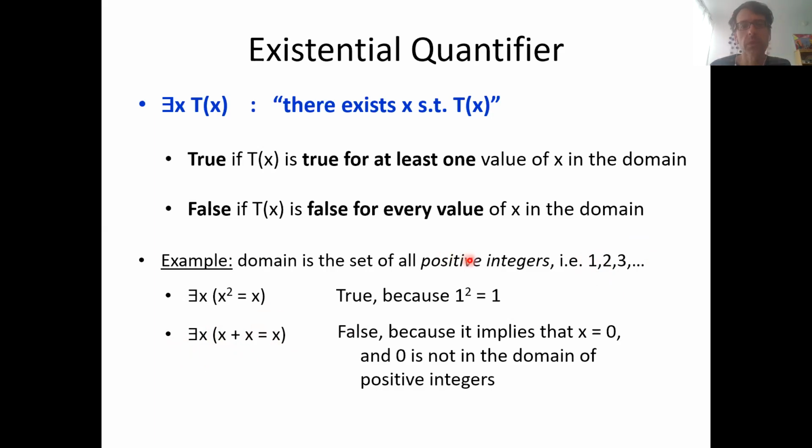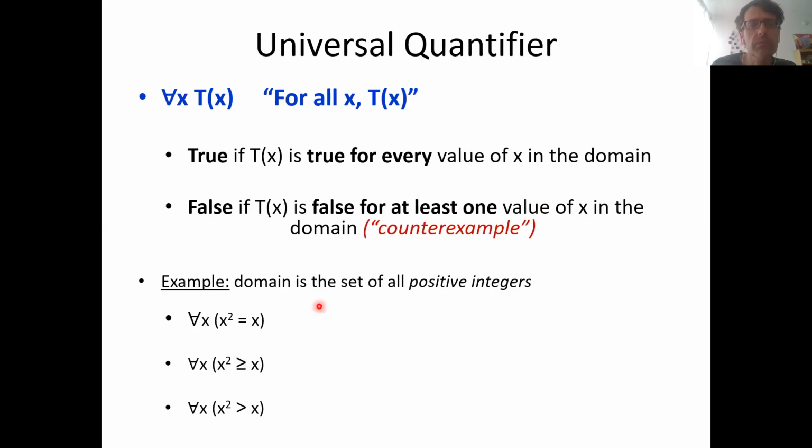All right. So the domain could change the truth value of the quantified statement. Here is a universal quantifier. It is read as for all x, it holds that t of x.